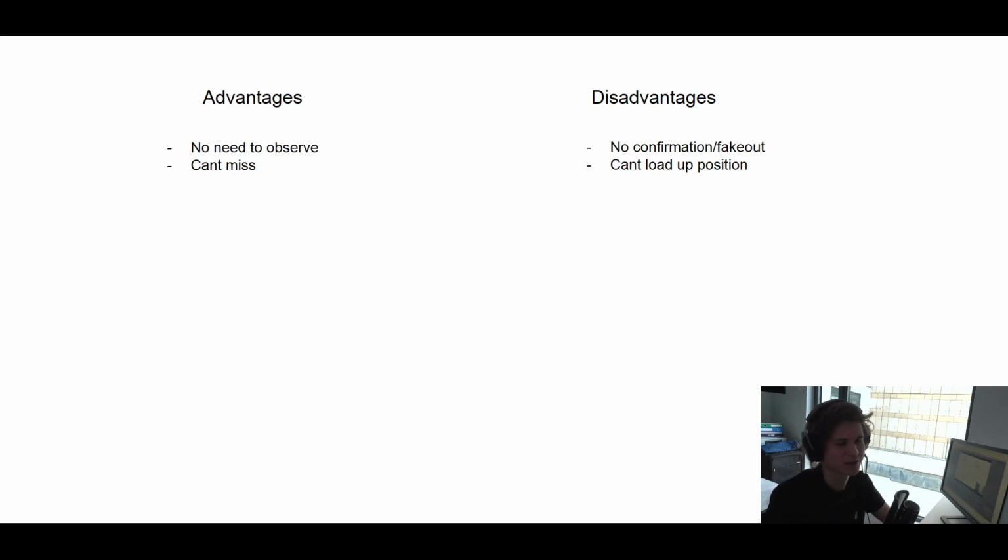For example, when price actually starts moving in your favor, you can add some more positions carefully if you have practiced with that, because then without increasing your risk too much, you're actually increasing your potential a lot. And then last of all, it is only applicable to super strong zones, because you're not able to observe for a confirmation, which means a fake out is likely. So super strong zones makes fake outs less likely. But that's how simple it is to use limits together with supply and demand.